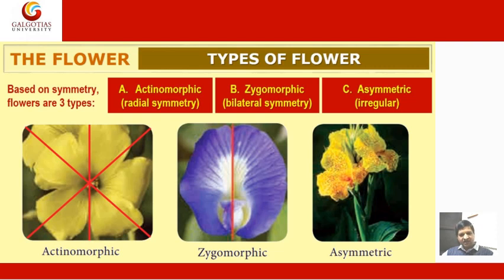First is actinomorphic, radial symmetry; second, zygomorphic, bilateral symmetry; third, asymmetric, that is irregular. In the image, I have given a red color line. Based on this line, you understand the basic difference between actinomorphic, zygomorphic, and asymmetric flowers.